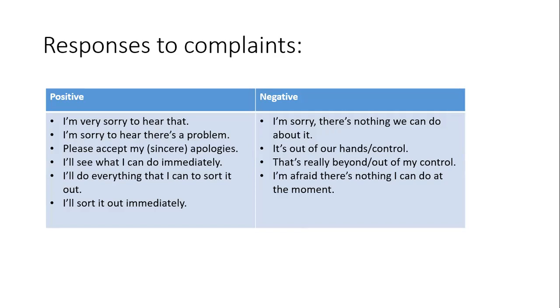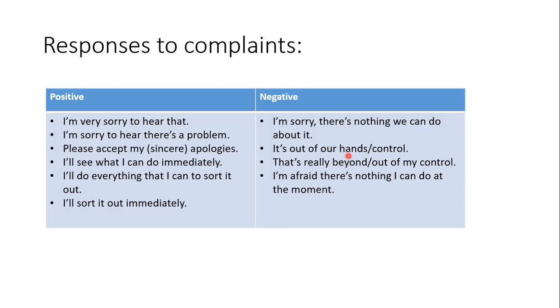Another way is, it's out of our hands or out of our control. Imagine the same scenario, saying about the lift, excuse me, the lift here is not working. I have been waiting here for 10 minutes. Oh, it's out of our control. It's out of our hands means we can't control that.